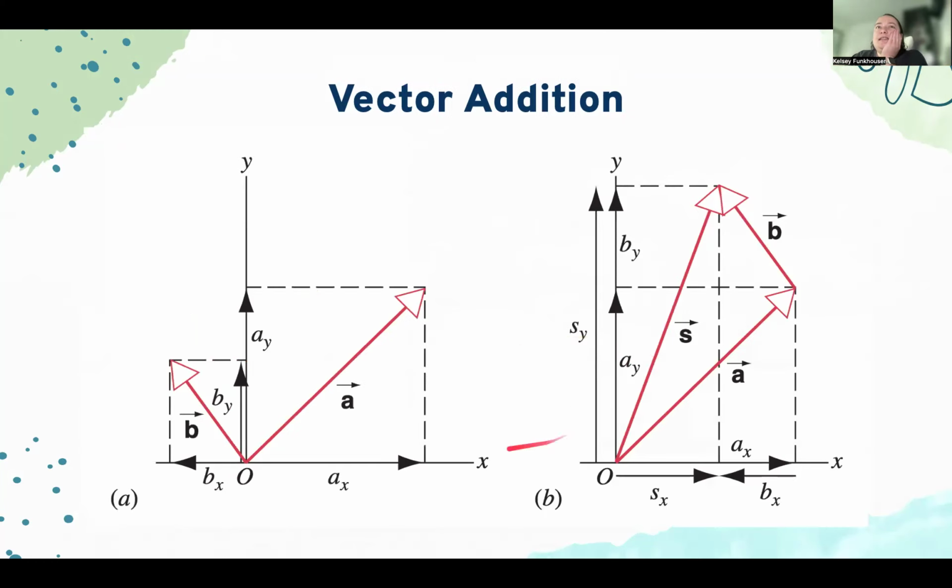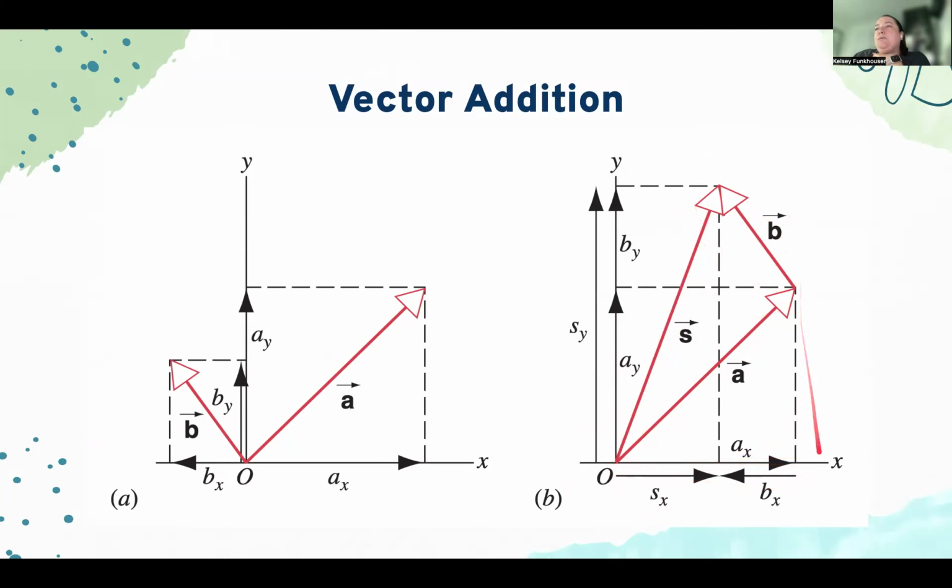And one more way you can look at this is combining both of these ideas. We drew these out like we were adding B to A. We drew vector A, drew vector B from the tip of vector A, and then drew our vector sum from the tail of vector A to the tip of vector B. But in doing that, we can also look at the components. Here is the x component of A, this line here.